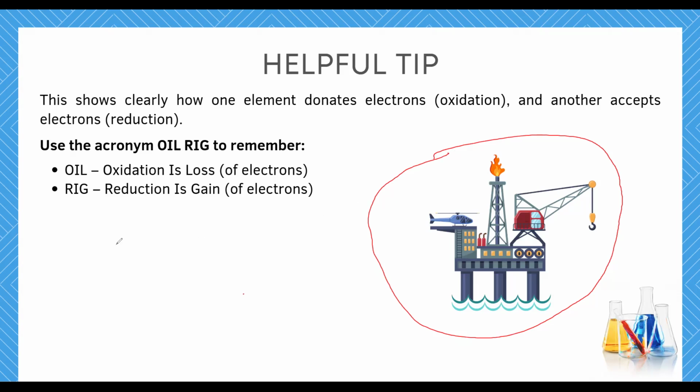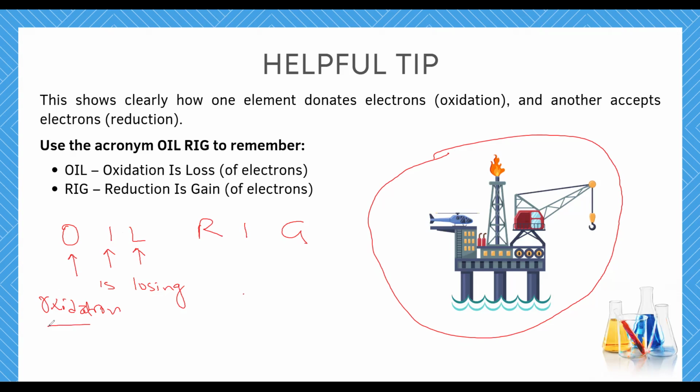Okay, so whenever you remember this acronym, OIL RIG, you just simply say O stands for oxidation, I stands for is, and L stands for losing or loss, whichever one you choose to go by.